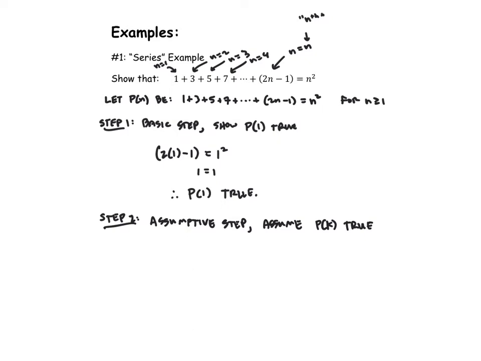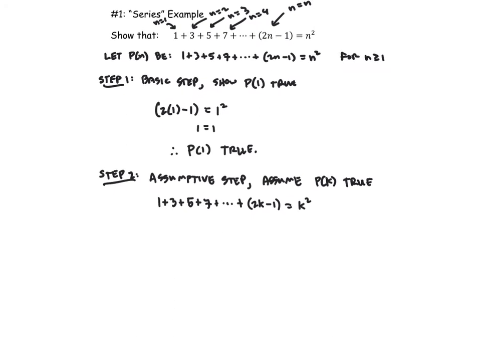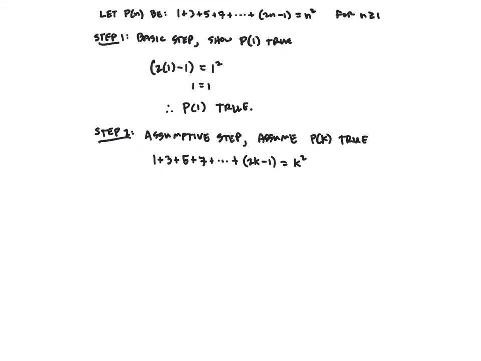So using our statement, we can say that 1 plus 3 plus 5 plus 7 out to the kth term, which would be 2k minus 1, should be equal to k squared. So our second step is pretty basic. It's just the assumptive step that sets up the third step. So step 3 is the inductive step.